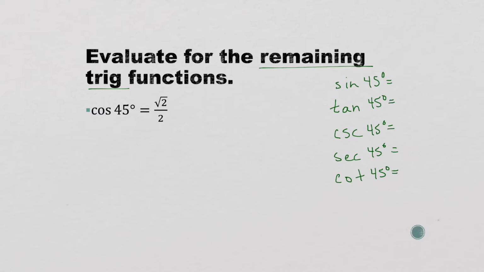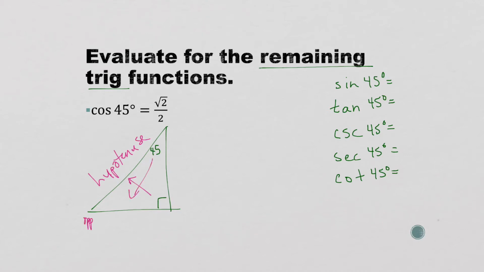So, I'm going to draw my triangle, my 90-degree angle. Put my 45 up here this time just to be different. Side opposite the 90 is my hypotenuse. Side opposite the 45 is my opposite side, which means the other one must be adjacent.